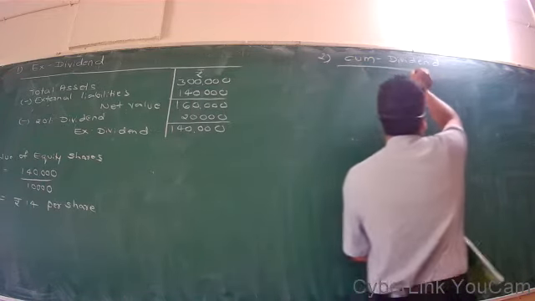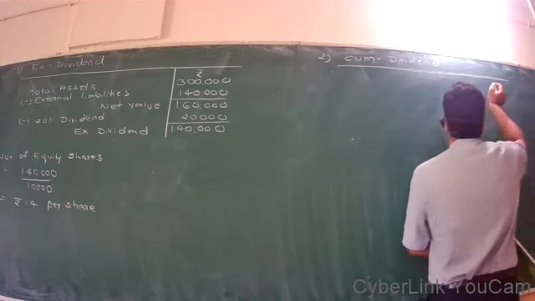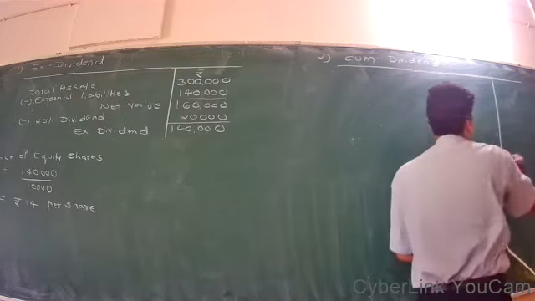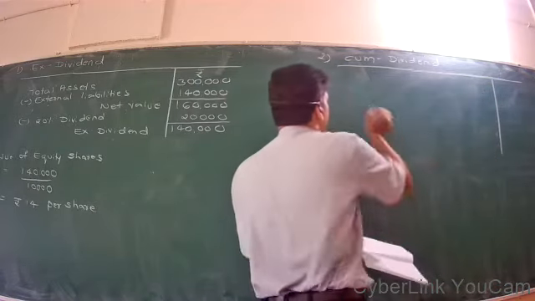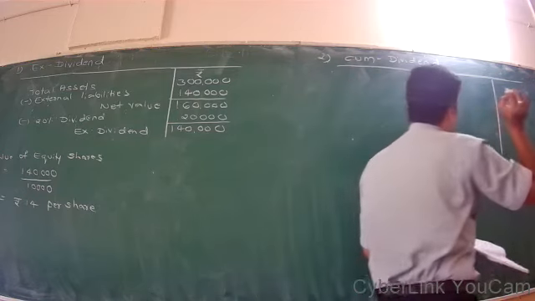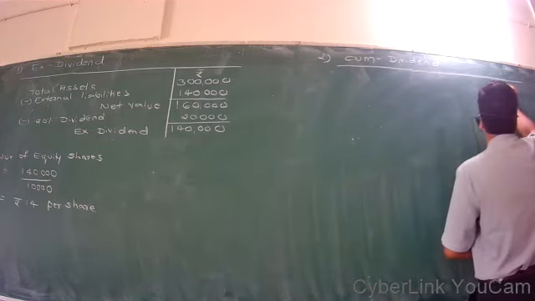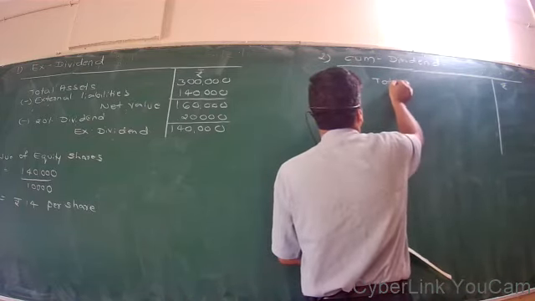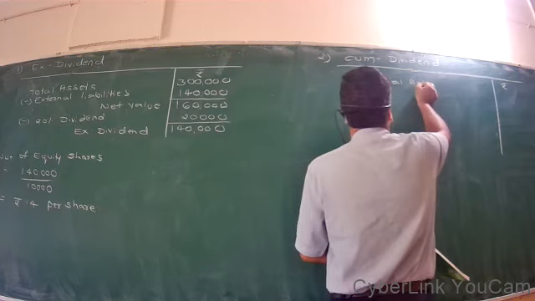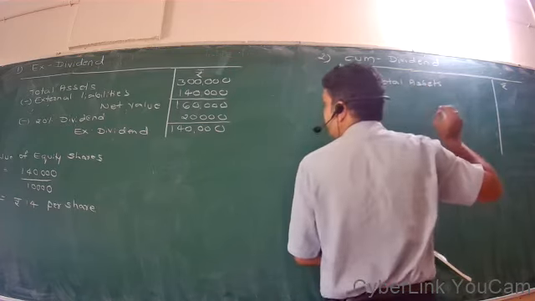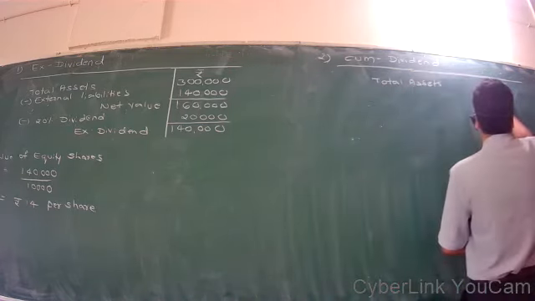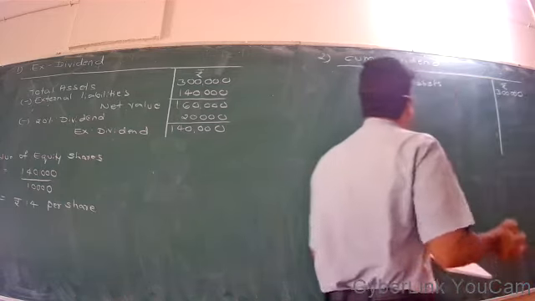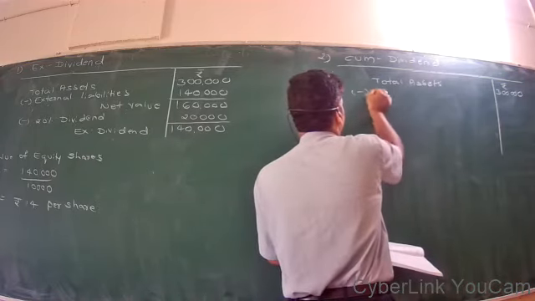In this case, particulars, amount in rupees. Total assets, as usual, is the information given, 3 lakh.